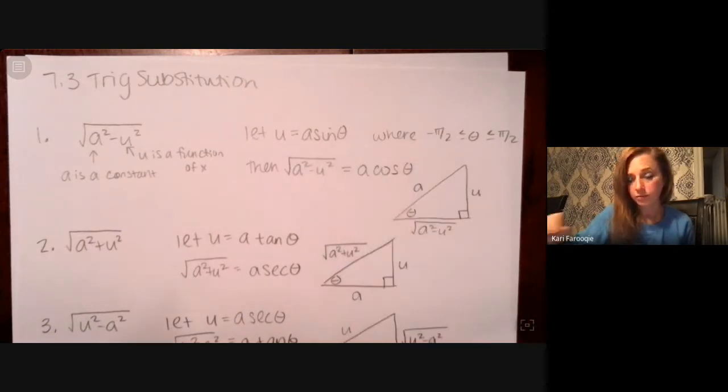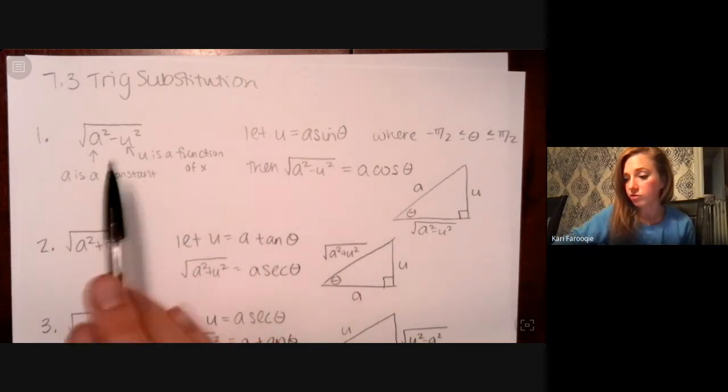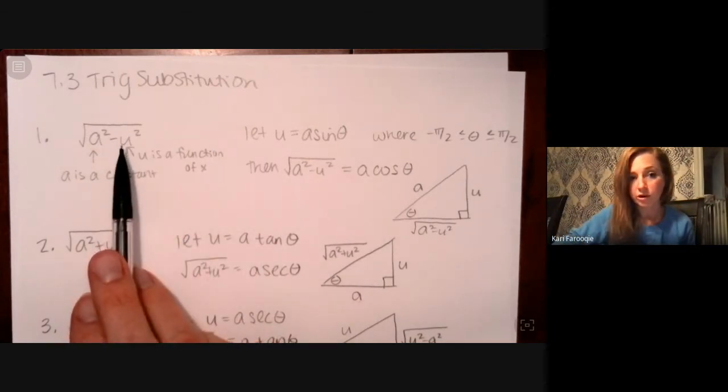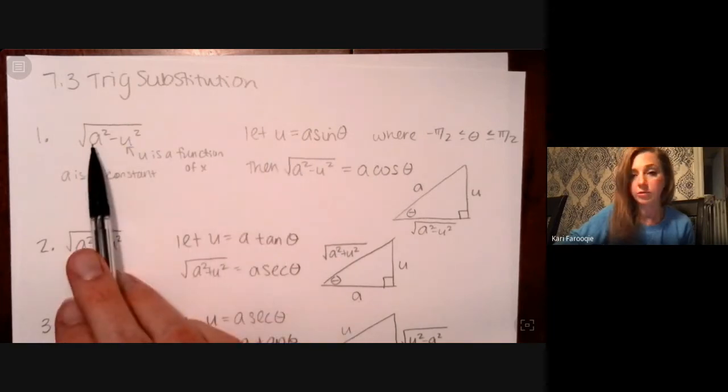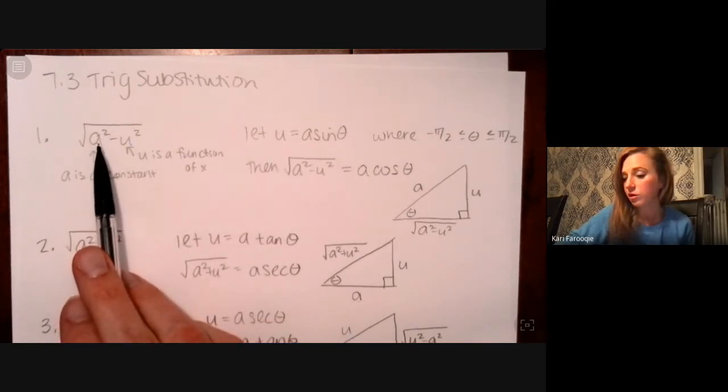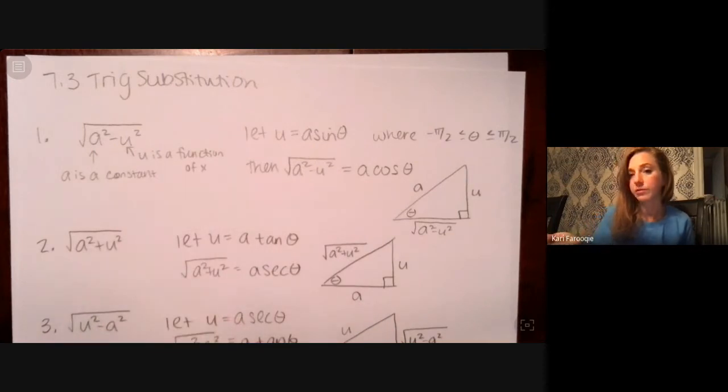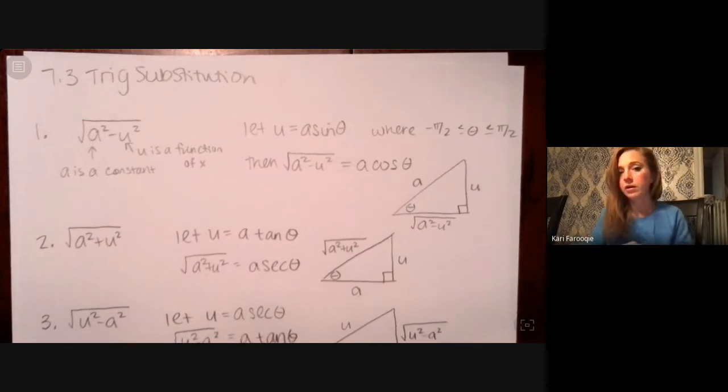You don't have to prove anything, derive anything. You can just choose whatever u is, which is the quantity that's being squared, and set it equal to a, which is also the quantity that's being squared for your constant, sine theta in that instance, so on and so forth. Your triangle's there if you need it.